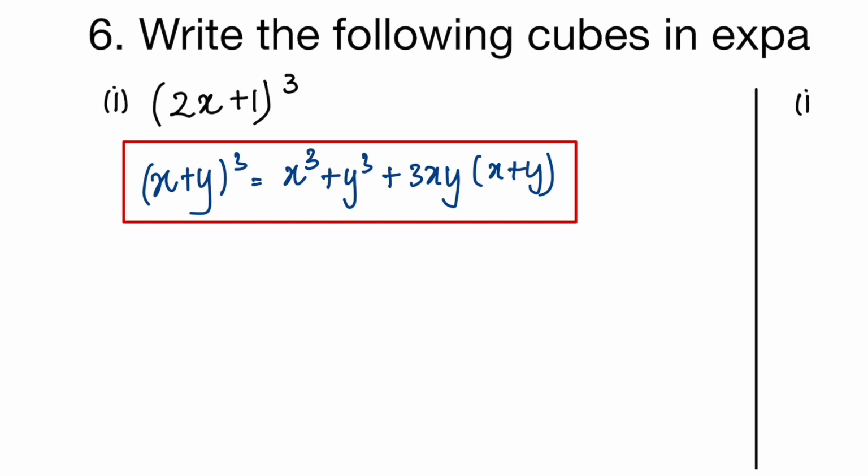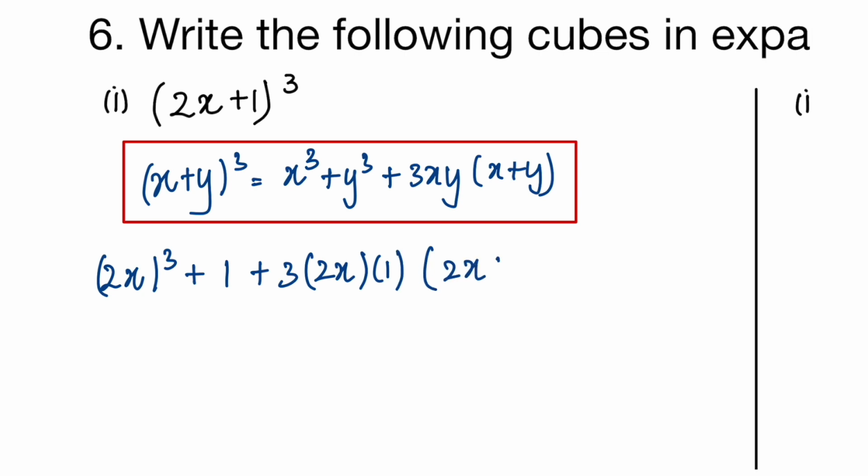So x here is 2x and y here is 1. So x cube would be 2x the whole cube plus y cube is just 1 plus 3 into x here is 2x into 1 into x plus y, right? So 2x plus 1. So 2x the whole cube becomes 8x cube plus 1, and when you multiply this, it's 6x into 2x plus 1.